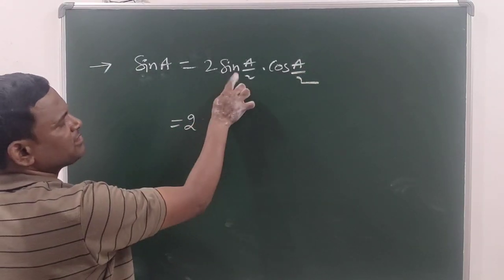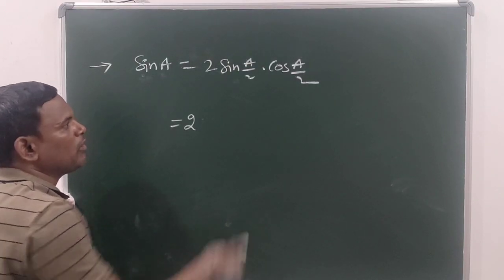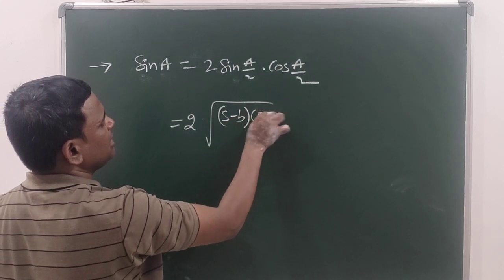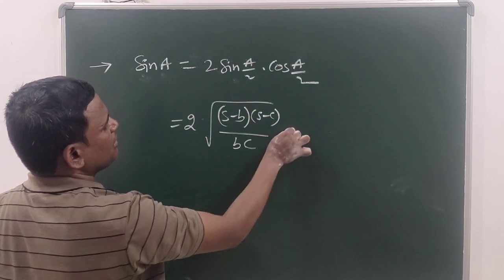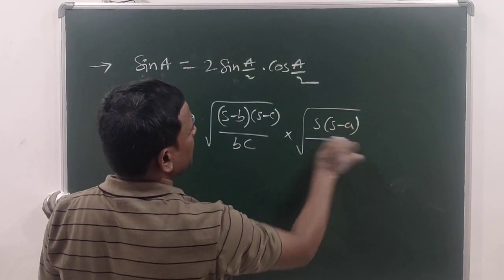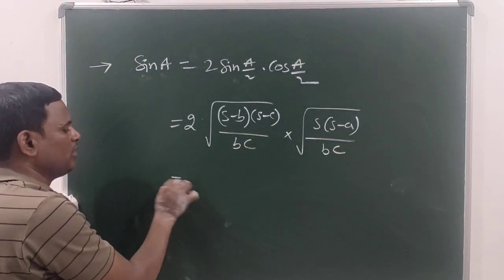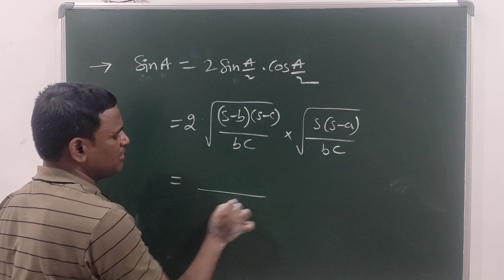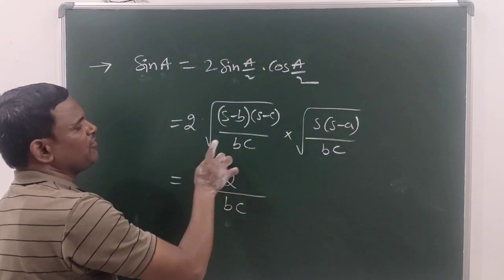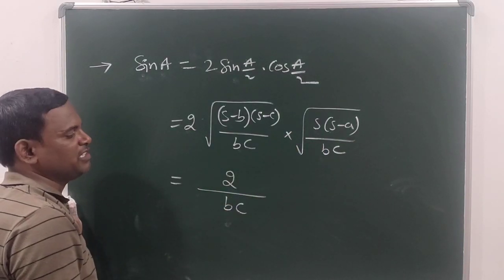Write the sine A by 2 formula: sine A by 2, the half angle of sine you learnt, is root of s minus b into s minus c by bc. And cos A by 2 is root of s into s minus a by bc, no? Now simplify. Here root bc into root bc is bc. Here the numerator is 2. So what is left is root of s into s minus a, s minus b, s minus c.